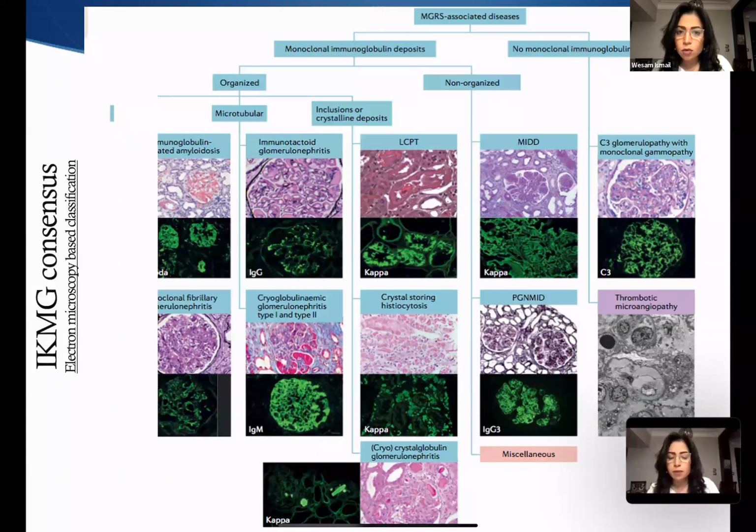And again, it all depends on the shape or the form or the organization of these light chains, as we've mentioned earlier. So either you can have monoclonal immunoglobulin deposits, a direct injury to the kidney as a result of the direct deposits of these monoclonal immunoglobulins.